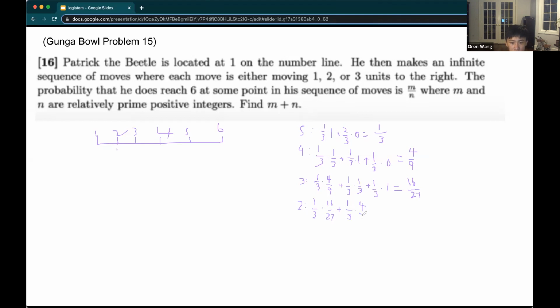From there, we get a 4/9 chance. And from there, there's a 1/3 chance he lands on 5. There's another 1/3 chance. We get that this equals 37/81.